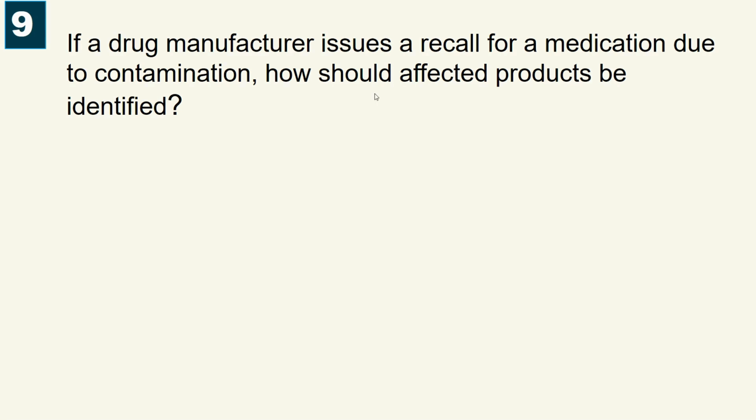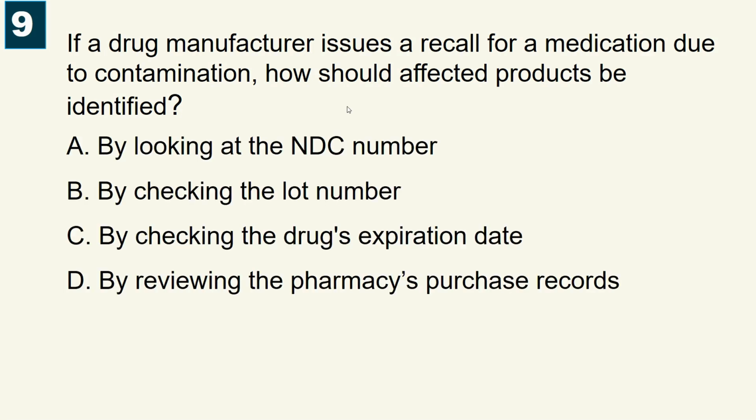Next, if a drug manufacturer issues a recall for a medication due to contamination, how should affected products be identified? A, by looking at the NDC number. B, checking the lot number. C, checking the drug expiration date. D, reviewing the pharmacy purchase records.